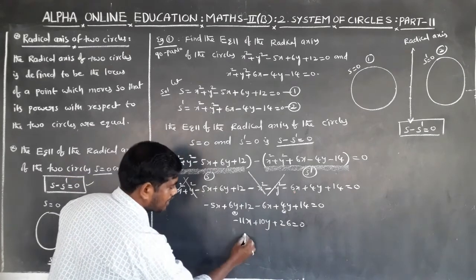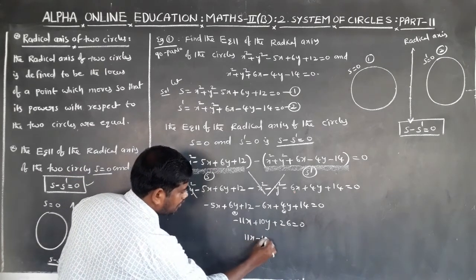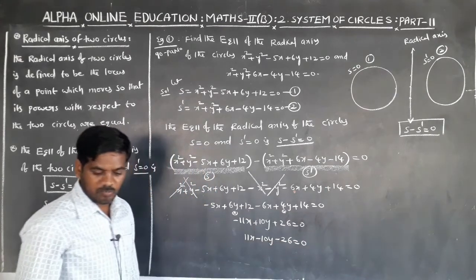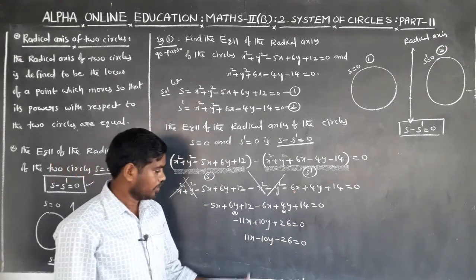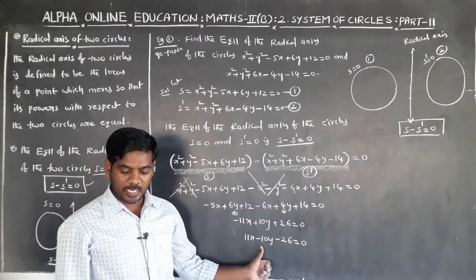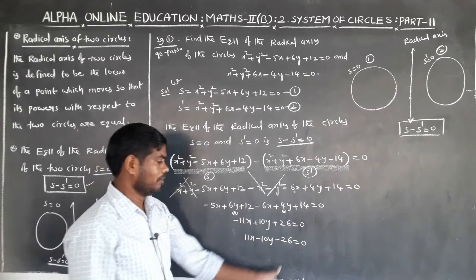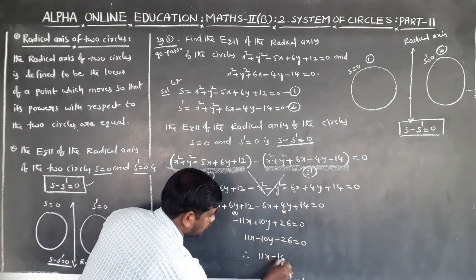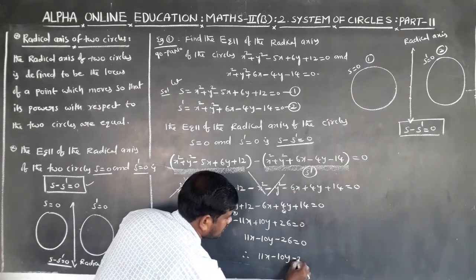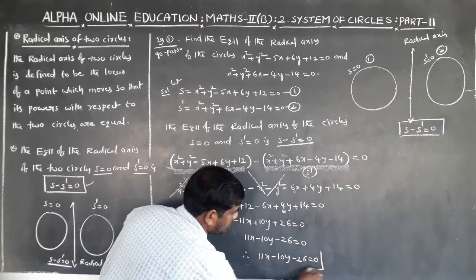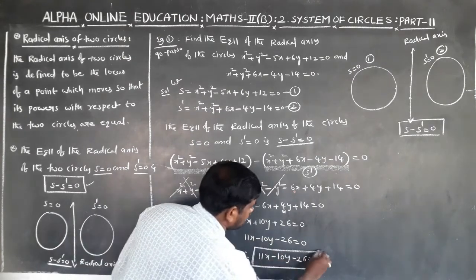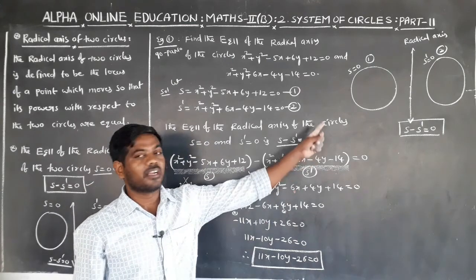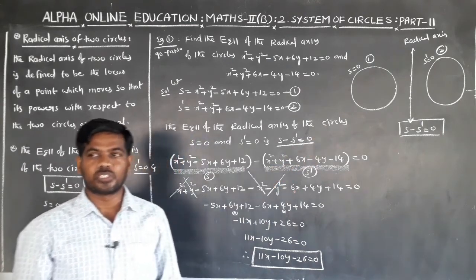Multiply with minus: 11x minus 10y minus 26 is equal to 0. Therefore, 11x minus 10y minus 26 is equal to 0 is the required equation of the radical axis of the two circles.